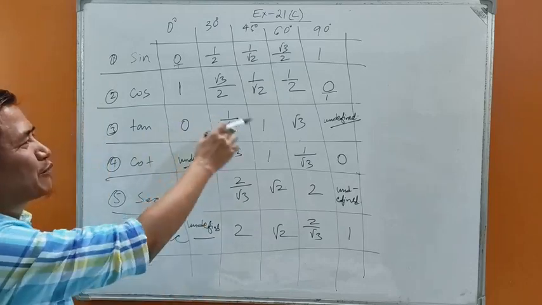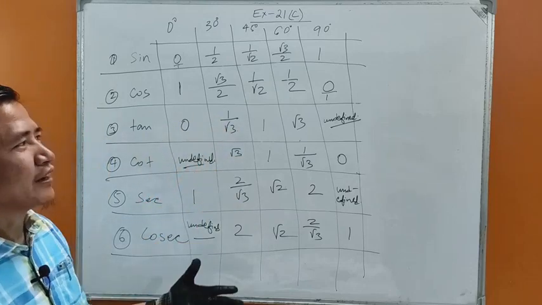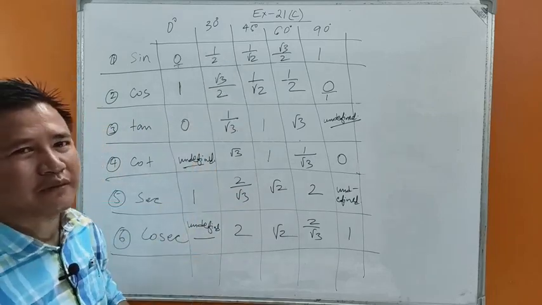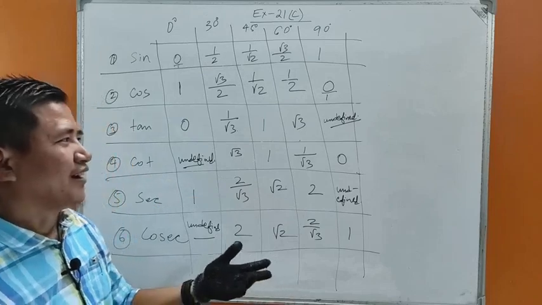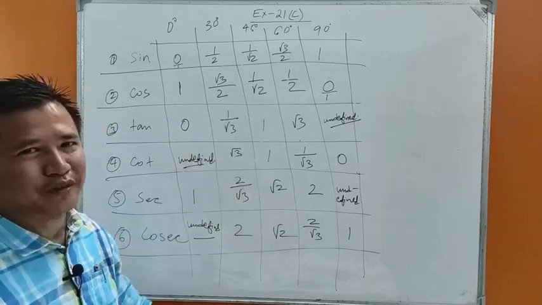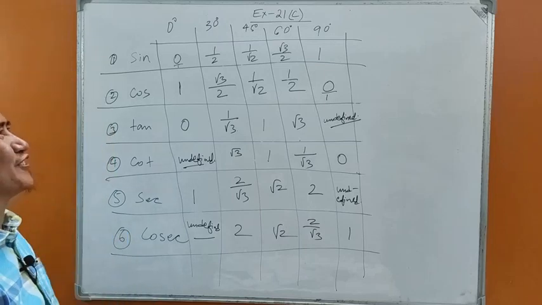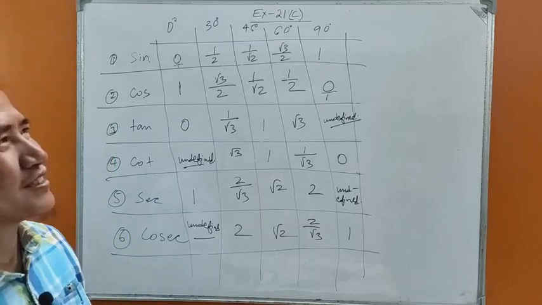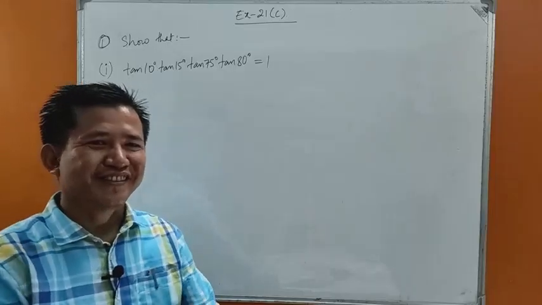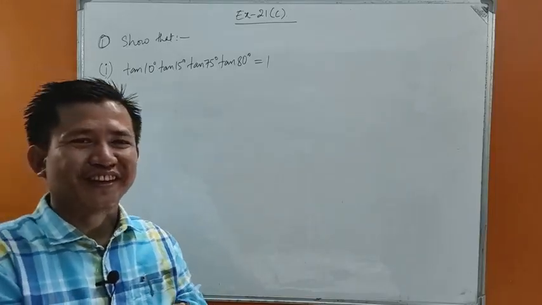So can you remember these numbers? If you cannot remember this, just practice drawing this table again and again, and after a few practices you will be able to remember all the numbers by yourself. So let's begin to solve the questions of exercise 21C.